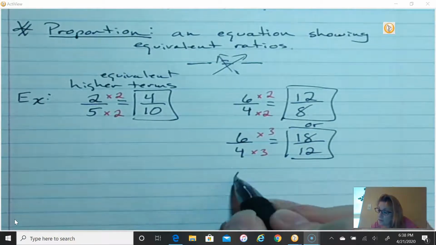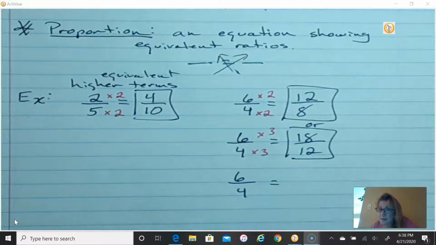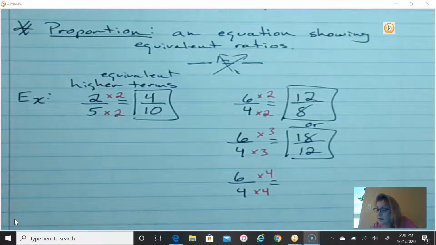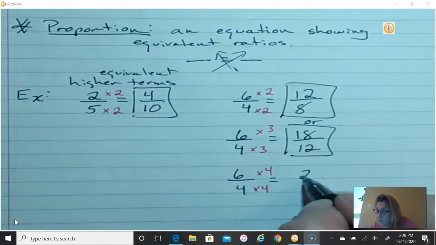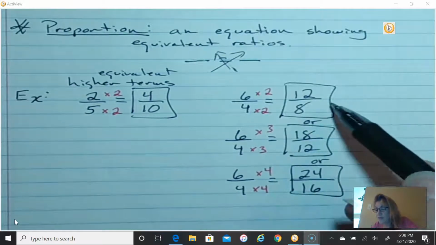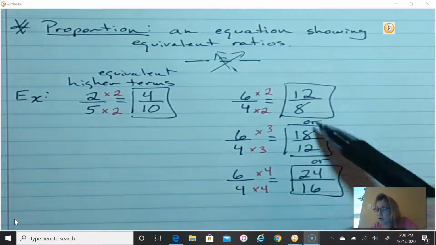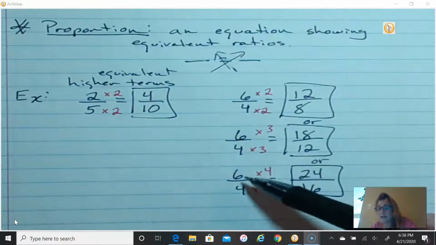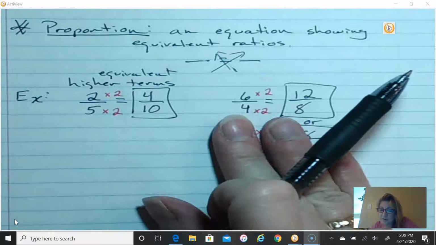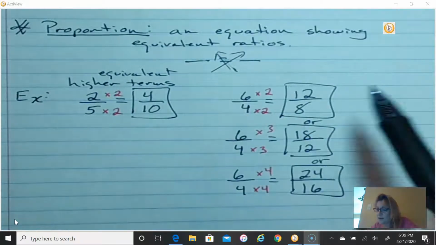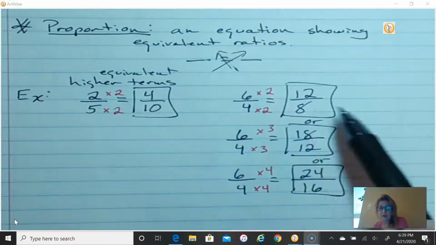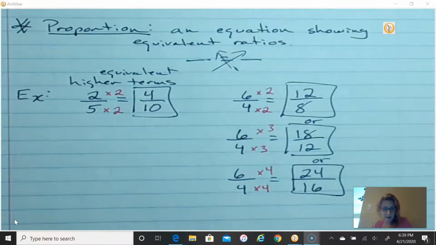You could do times 4. 6 times 4 is 24. 4 times 4 is 16. So you could do this one or this one or this one. These are all equivalent fractions to 6/4. Okay? But we can always just stick with the easy 2 part. That's how you do this. What you do to the top, you do the same to the bottom, and you get an equivalent fraction.